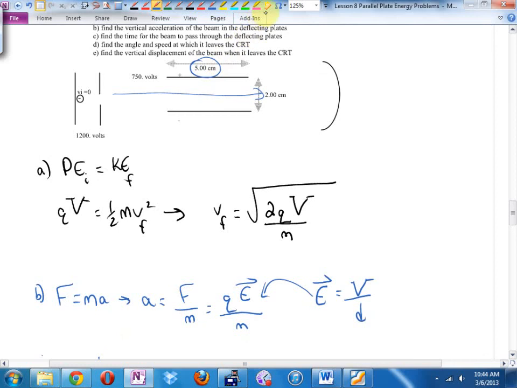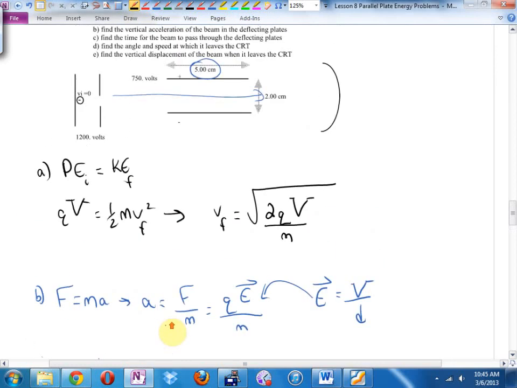Yes? And then we could say for part D, what do they want you to find in D? Find the angle and the speed. You could say, here's Vx. Vy is going to be whatever acceleration you got from part B times time.